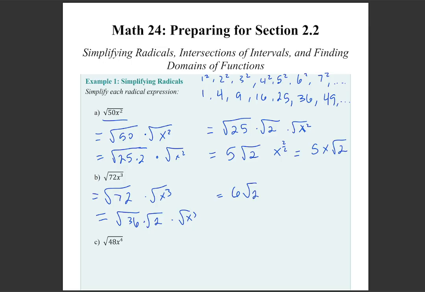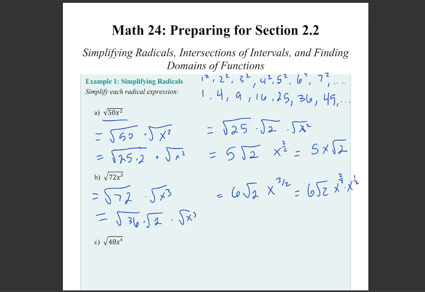And now we have x cubed over 2, which really is 6 root 2 times x to the 3 halves. We'll break that up as x to the 2 over 2 times x to the 1 over 2.